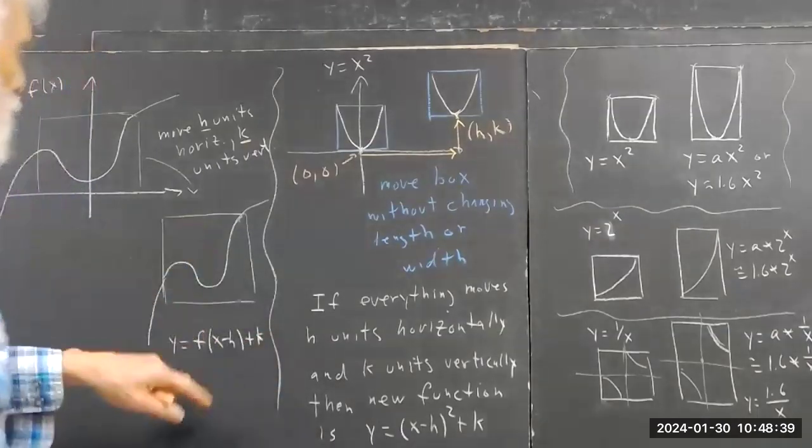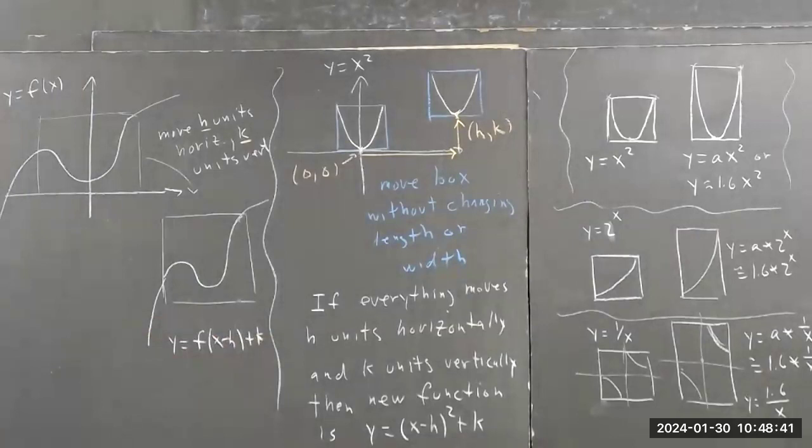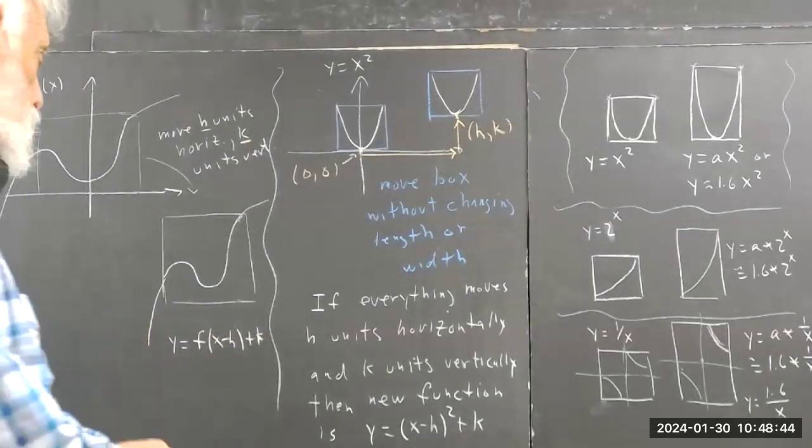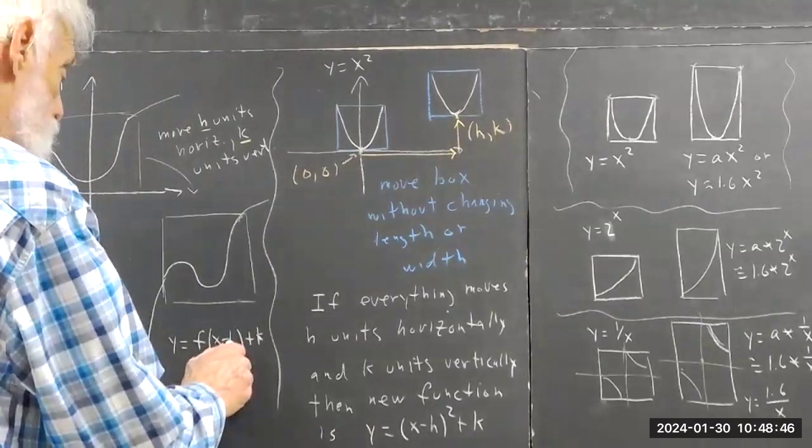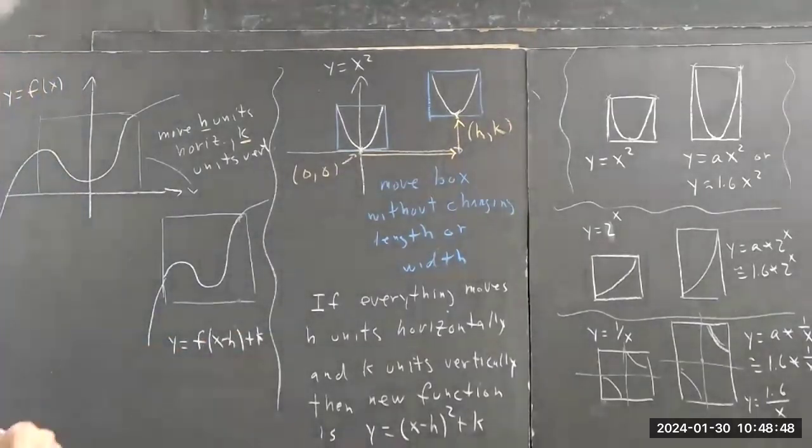That's a little confusing. You have a minus h and a plus k. I could explain the reason for that. It needs to be said more slowly and in more detail.